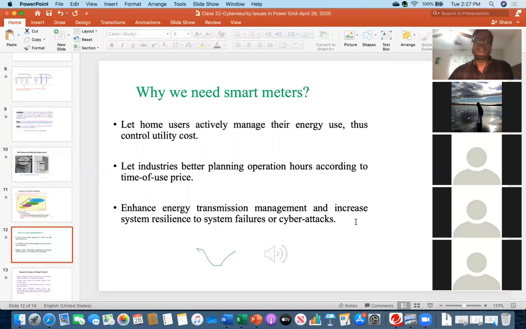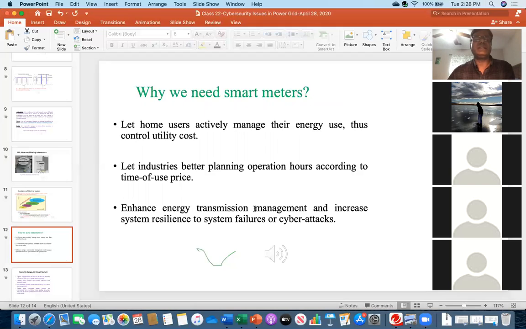Because once there is any cyber attack or system failure, there will be some sort of impact on the system. So with the smart meter signals collected at the control center of the distribution system, they can take precautionary measures in both their distribution and transmission systems.